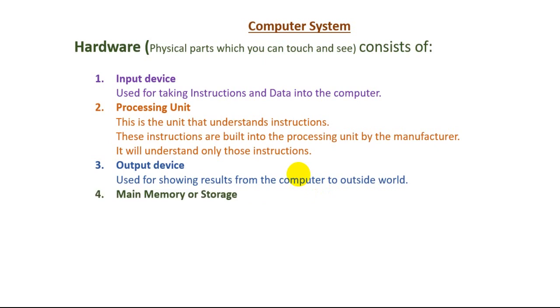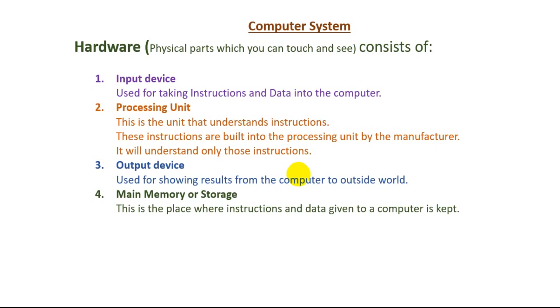Then the next physical component, the hardware component, is the memory and storage. Memory and storage, you must have seen memory boards and chips. These are the ones in the computer. This is the place where instructions and data to a computer are kept. When instructions and data are given into the computer using the input device, they do not directly go to the processing unit, and the processing unit has no capability to keep all of them.